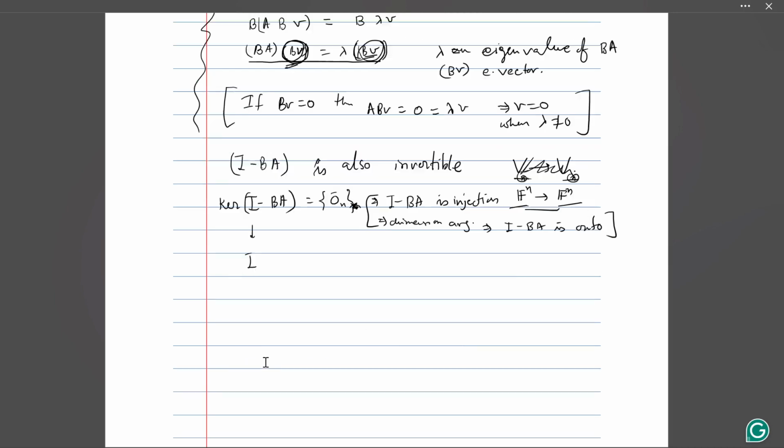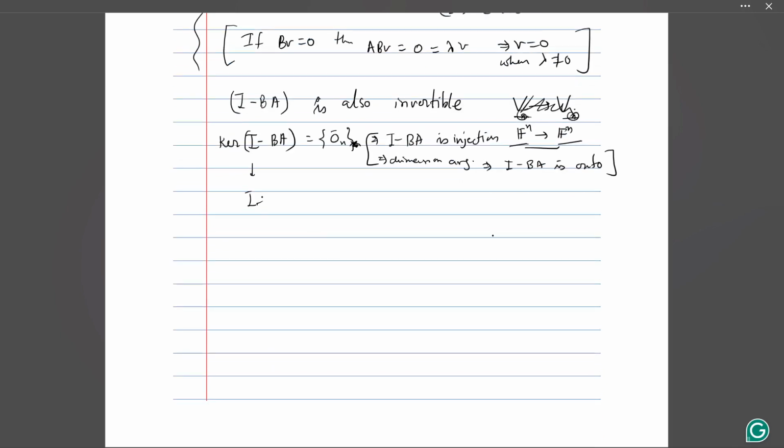Let's say we are going to show the kernel of I minus BA is zero. I minus BA applied to some x gives zero. Let's say x is in the kernel, and we are going to show that x is zero, so the kernel will be trivial.